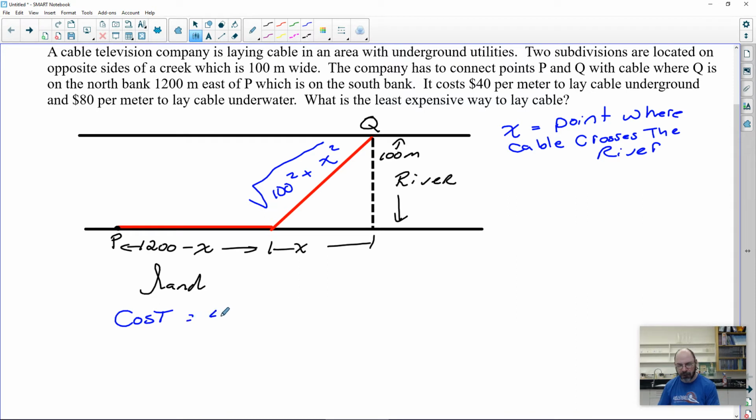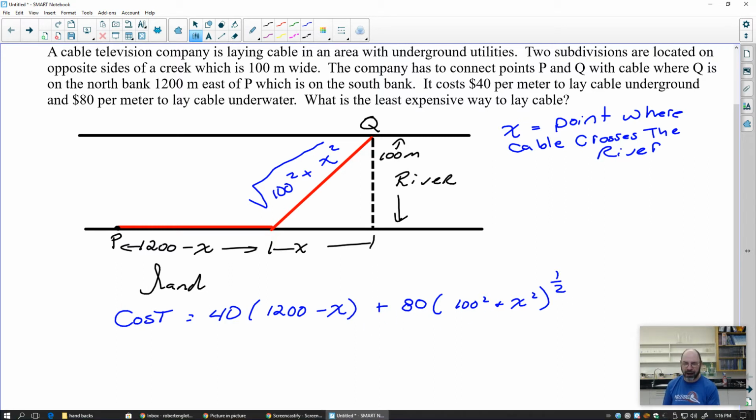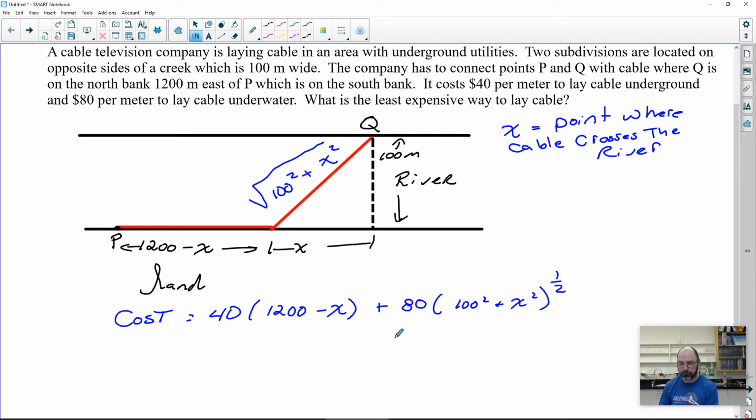So that's going to equal $40 times the distance underground, which is 1,200 meters minus whatever that X is, plus the cost it's going to take for us to lay cable underwater, which is $80 a meter times this here, 100 squared plus X squared. And instead of putting the root, we'll do it in power form, to the power of 1/2, so that we can take derivatives. Okay, 1/2 is the same as square root. Okay, so that is our cost equation.